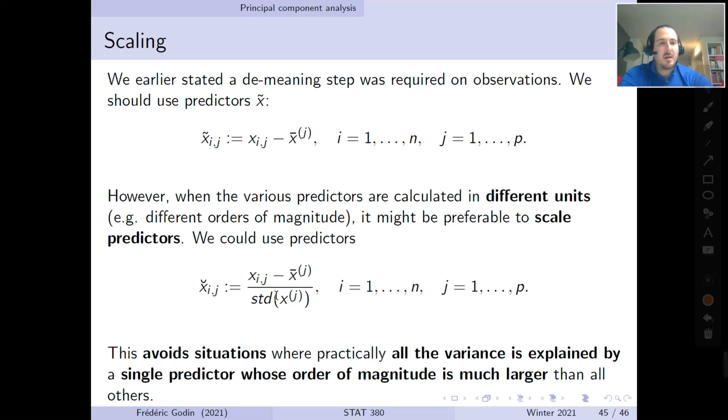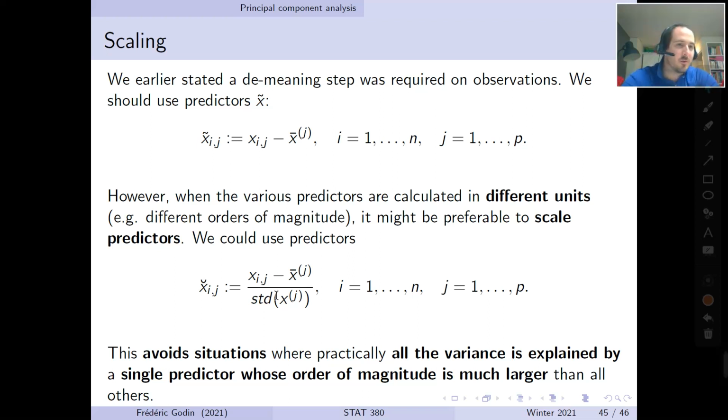Okay, so scaling the observations would ensure that all predictors are treated fairly and have a similar amount of weight in the creation of the data set. And this avoids a situation where, let's say you have a single predictor whose order of magnitude is much higher than the other predictors, then all the variance would be explained by this single predictor.